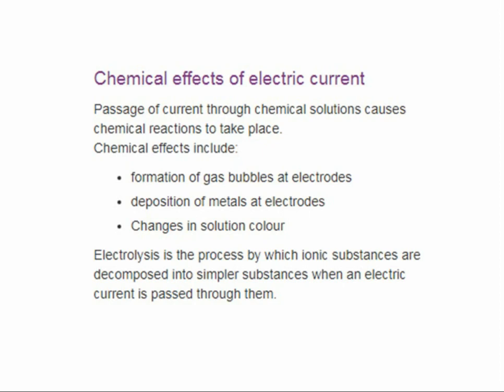Electrolysis is a process in which ionic substances are decomposed into simpler substances when an electric current is passed through them. Whenever a circuit is completed and current passes through water, it forms some chemical effects in it. In that solution it forms some chemical reactions, and this is known as electrolysis.